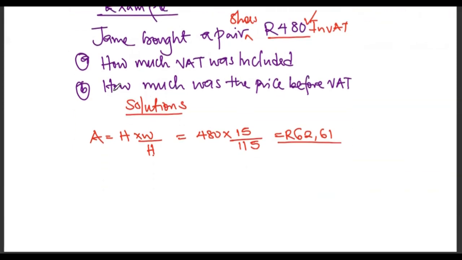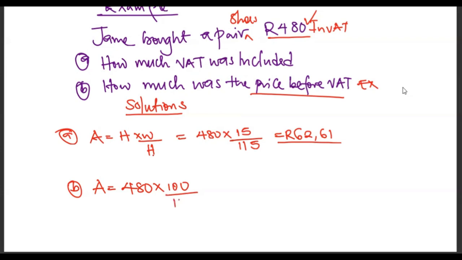So if I ask how much was the price before VAT, simply meaning we are looking for the price excluding VAT, we shall use the same method. Answer equals what I have, which is 480, times what I want. What I want is before VAT, which is VAT exclusive, so it's 100 over 115.